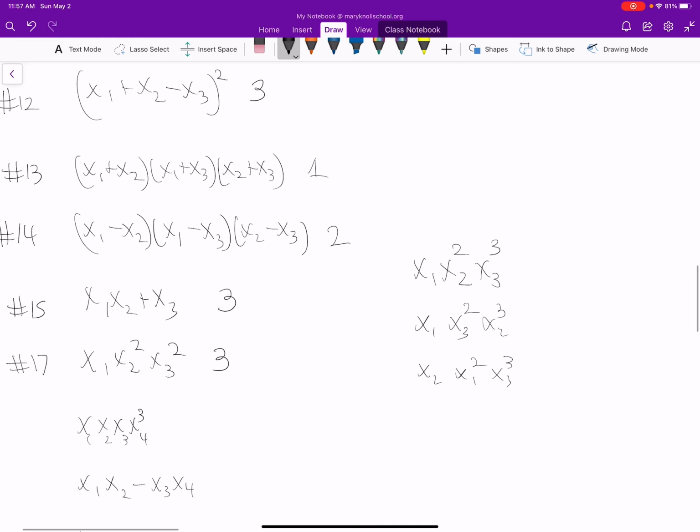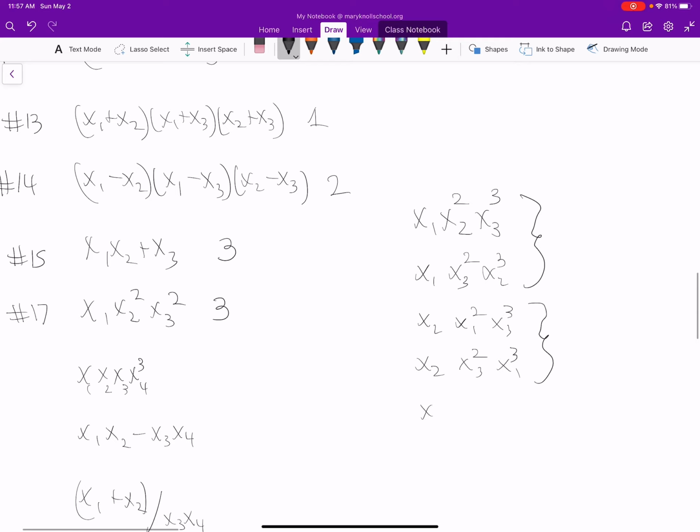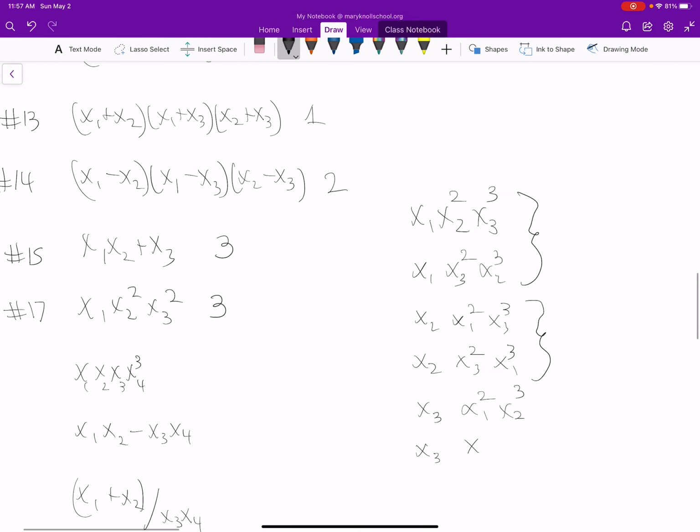Then I'm gonna keep the x2 there, and then do 3, 1. And these are different. And then finally, you can guess what I'm gonna do. I'm gonna put the x3 here at the beginning, and then I'm gonna do 1, 2, and then an x2, x1. And we can see that these are different too.